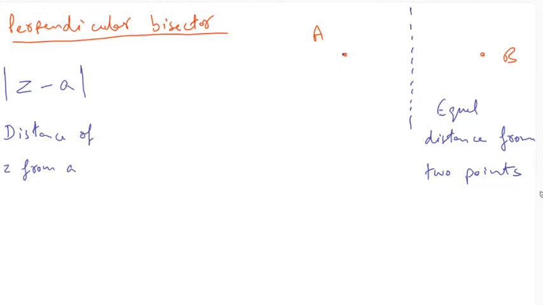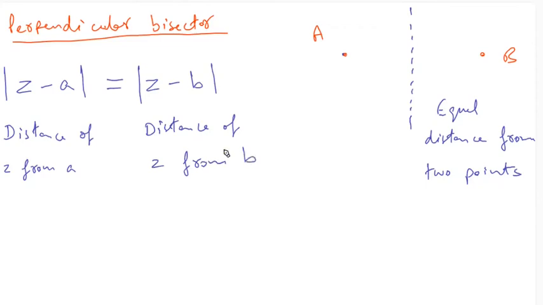When will the perpendicular bisector case occur? When you have the distance from one point on one side, and the distance from another point on the other side, so z minus b on the other side. That is the distance of z from b. Now how do you read this?